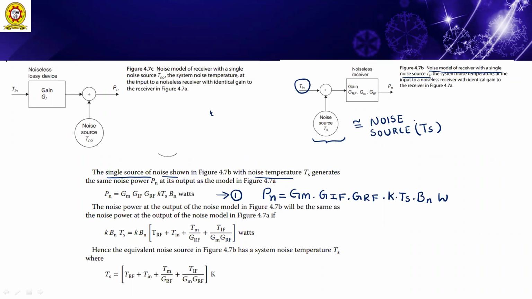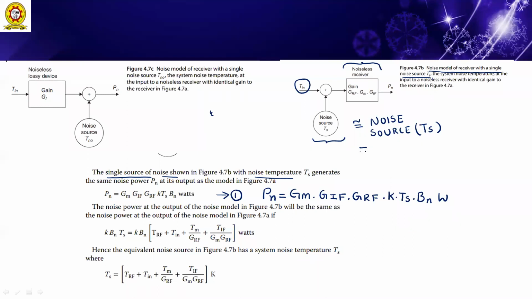And the system noise temperature equals Ts at the input of the noiseless receiver with identical gain of the particular receiver. Here we have a noiseless receiver.